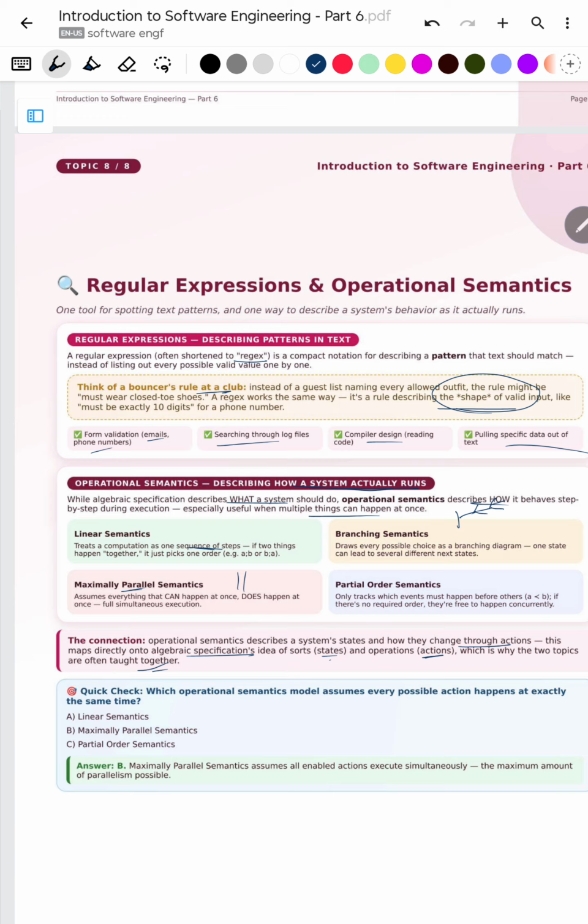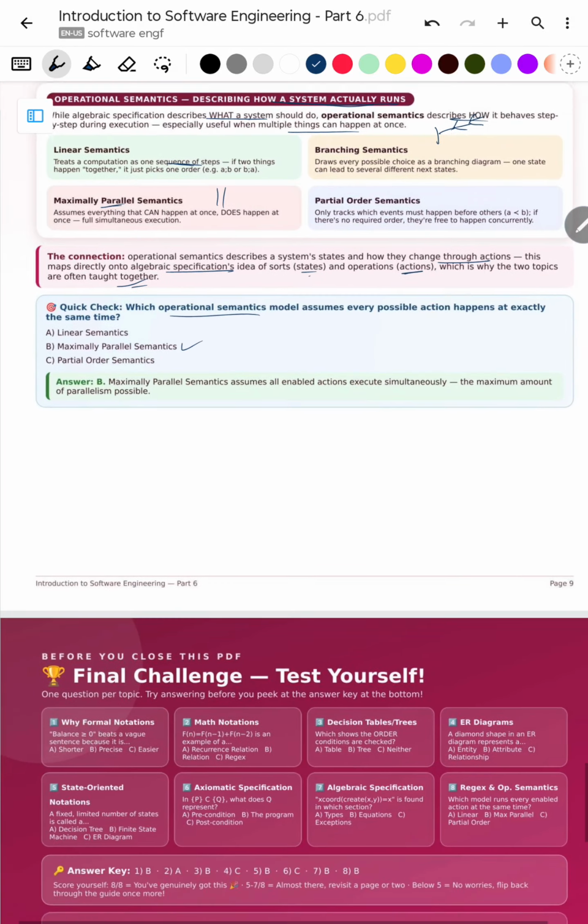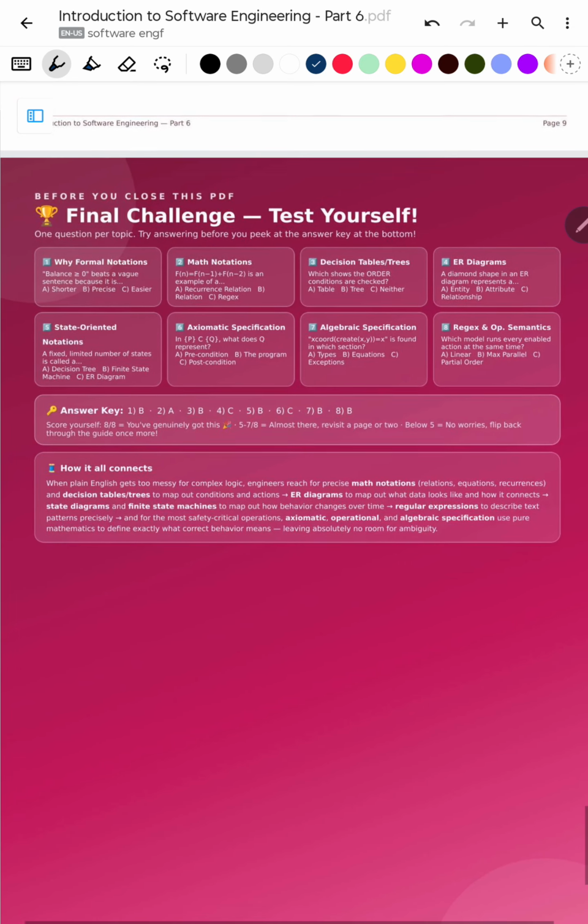The maximally parallel model assumes every possible action happens at exactly the same time, in parallel.